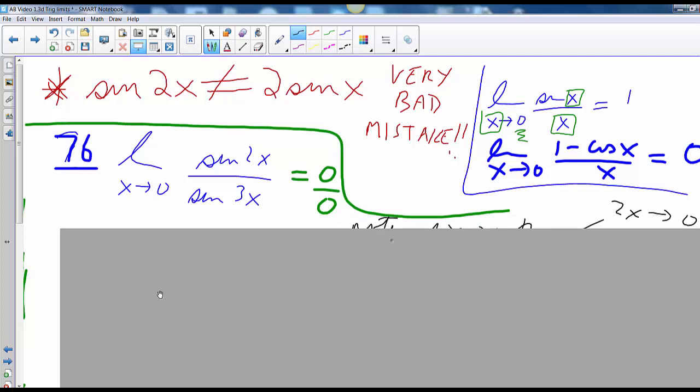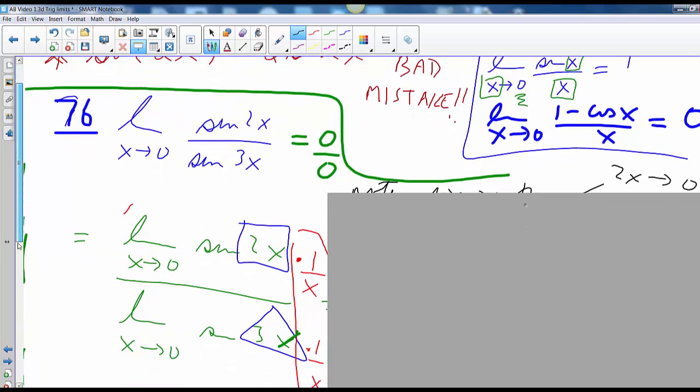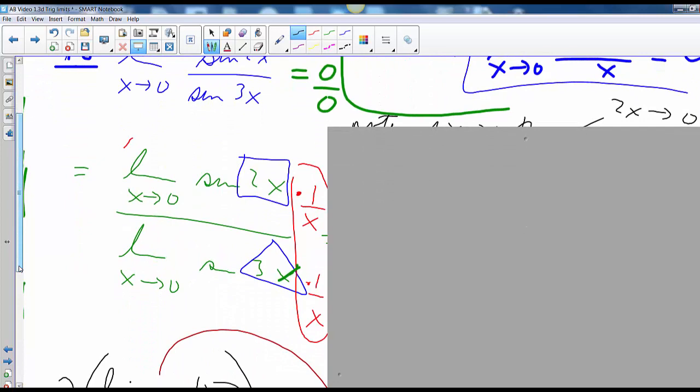So what we're going to do is we're going to have to actually work with each one of those kind of separately. So I have the sine of 2x here, and I have the sine of 3x here. Now what I'm going to do is I'm going to multiply top and bottom by 1 over x.